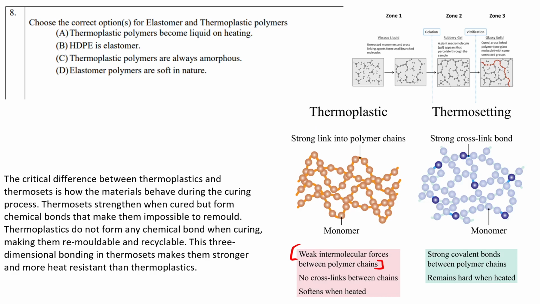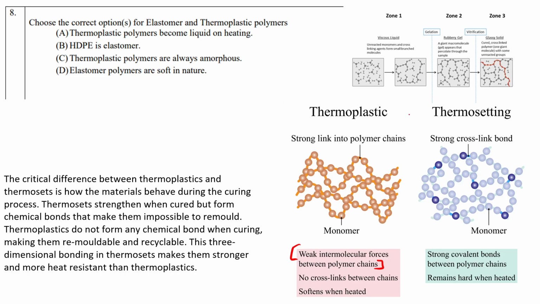So the basic attractive force between two polymeric chains is only this intermolecular force. So no crosslinking is there. So when it is heated, you can see this kind of property: melting, remoldability, recyclability.